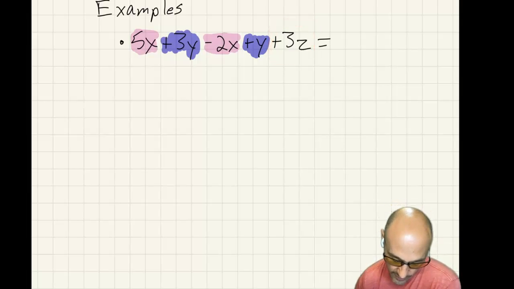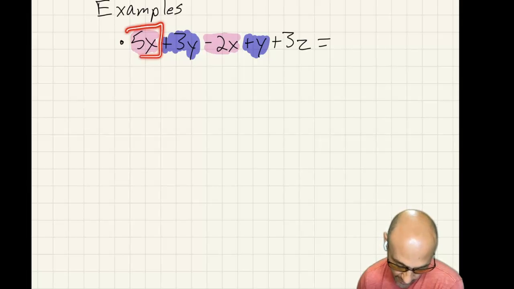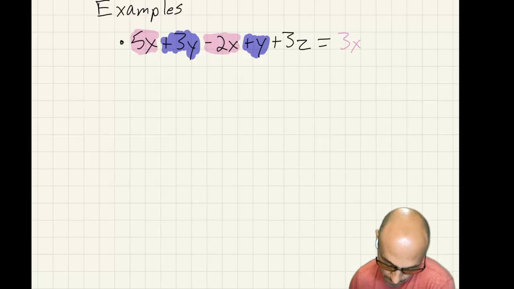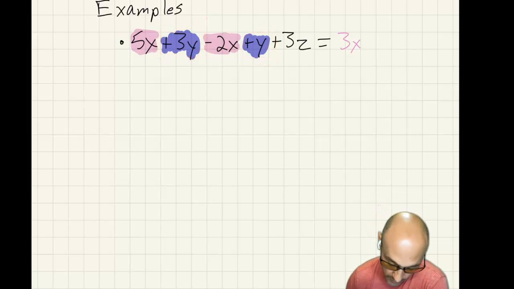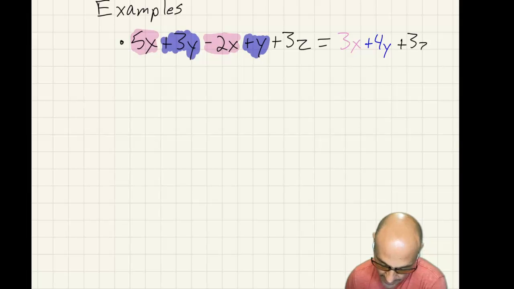So I could rewrite this equation as 5x minus 2x is going to be 3x. And then I have that positive 3y plus 1y is going to be plus 4y's. And then I still have plus 3z.